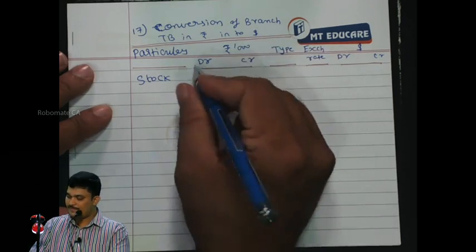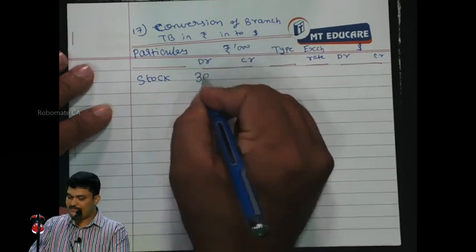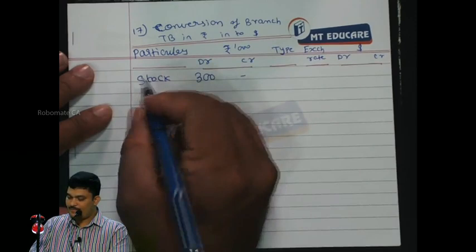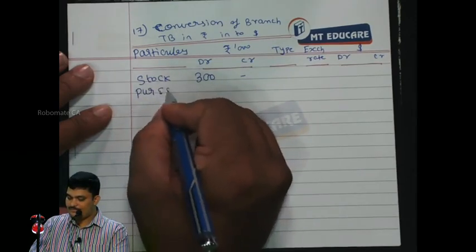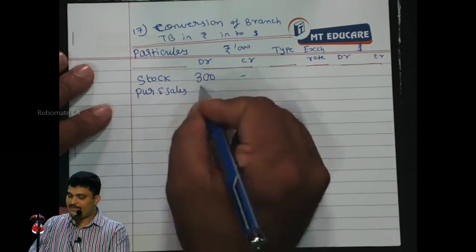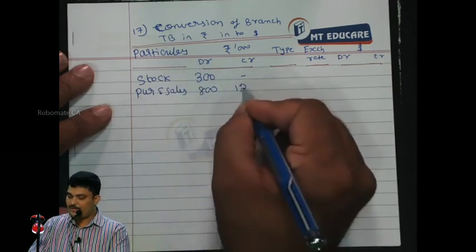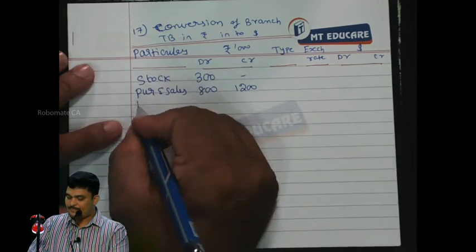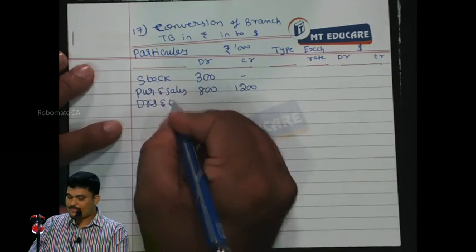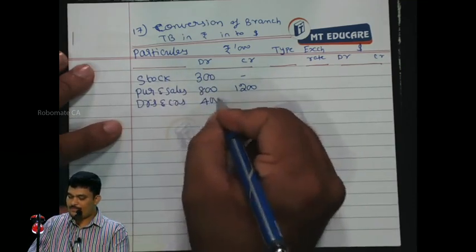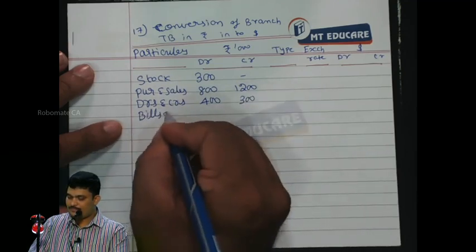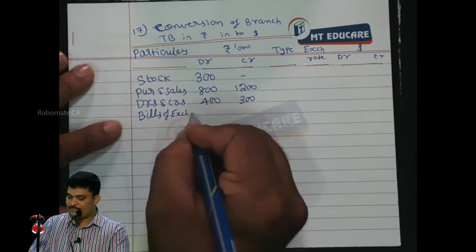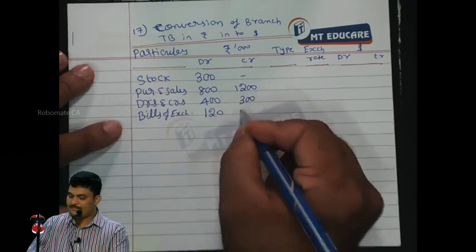It is 300. Purchases and sales 800. Okay. $120.